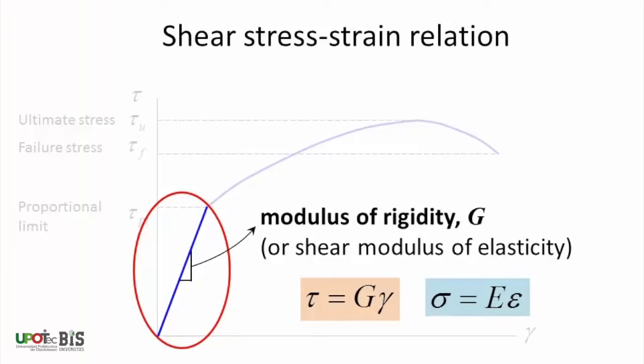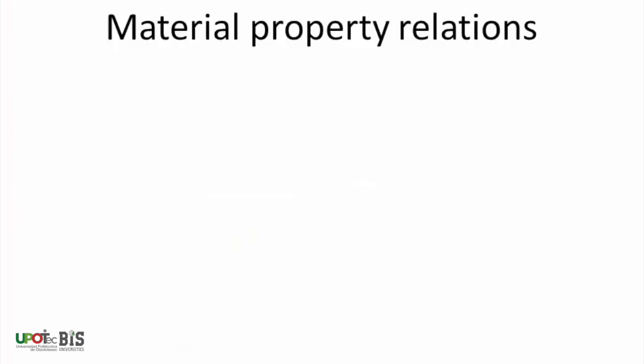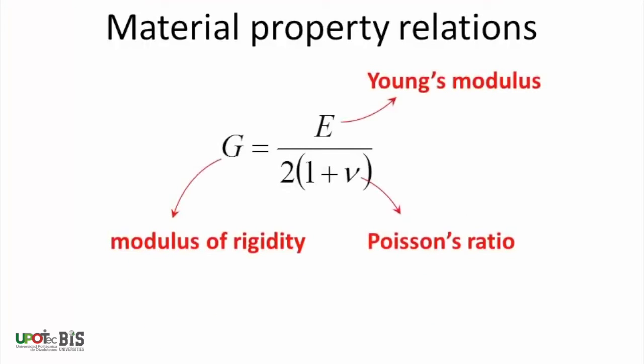The modulus of rigidity is also an important material property, just like Young's modulus E and Poisson's ratio nu, and these three are actually related by this equation: G, the modulus of rigidity, equals E, the Young's modulus, divided by 2 times 1 plus nu, the Poisson's ratio. So if you know any two of the three properties, you can calculate the third one.